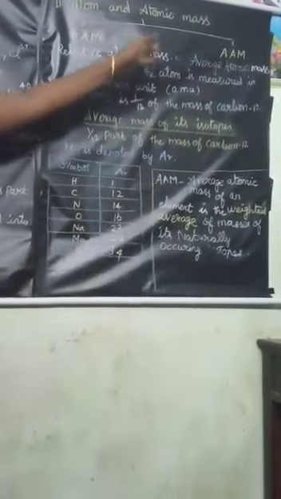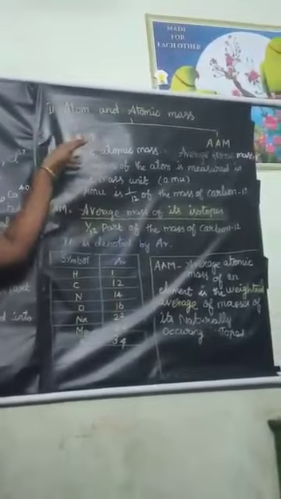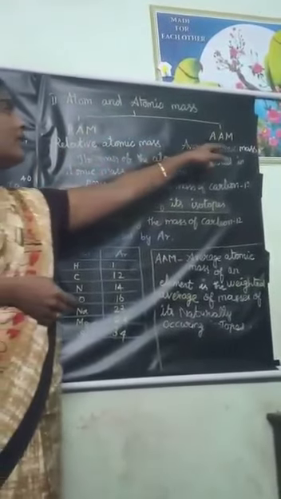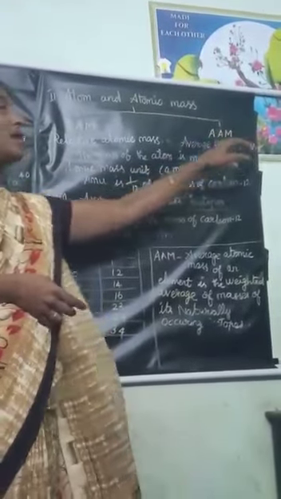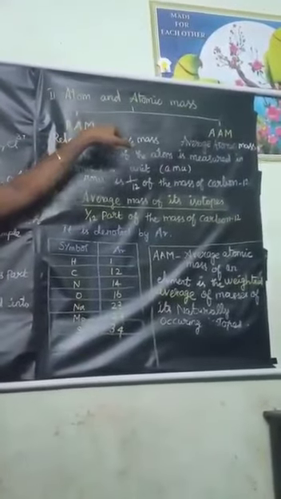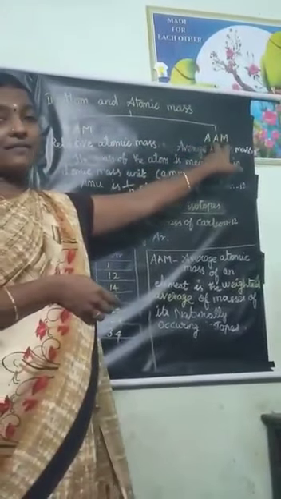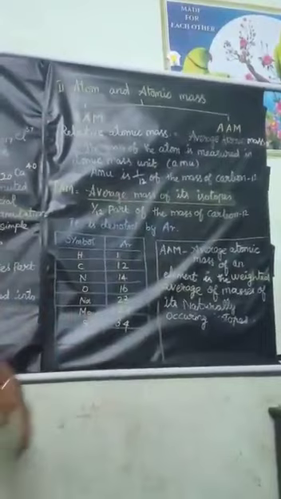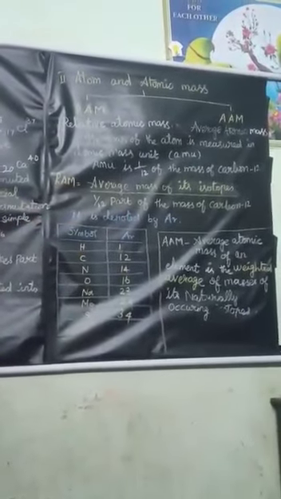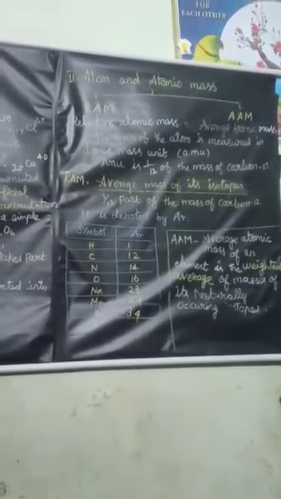Right. So now I said atomic mass. There are two types of atomic masses. One is relative atomic mass and another one is average atomic mass. Okay. First we are going to see the relative atomic mass. What is the relative atomic mass?